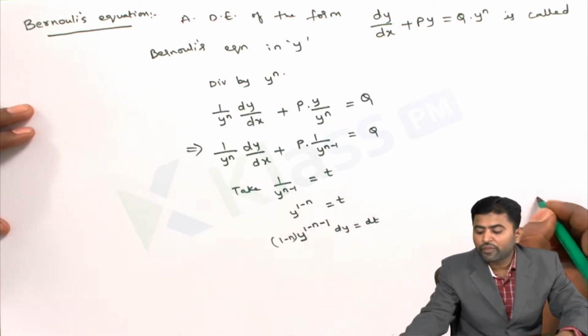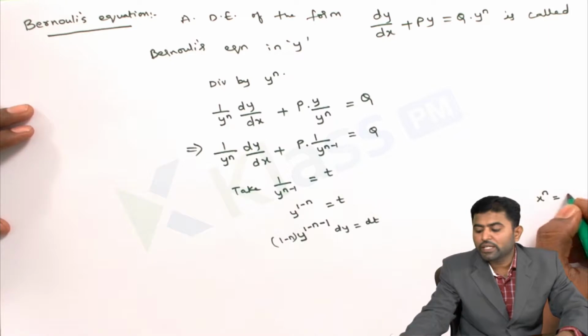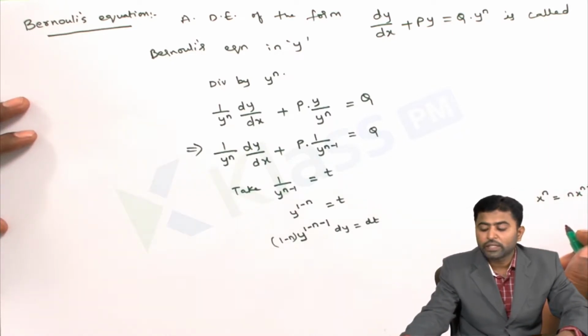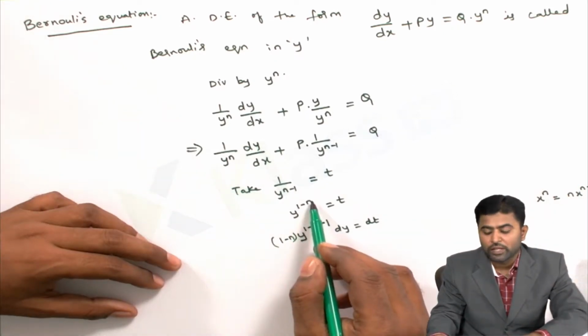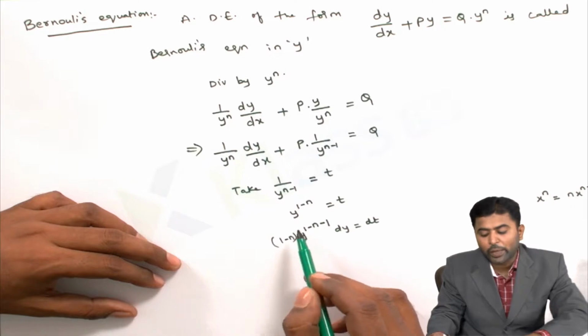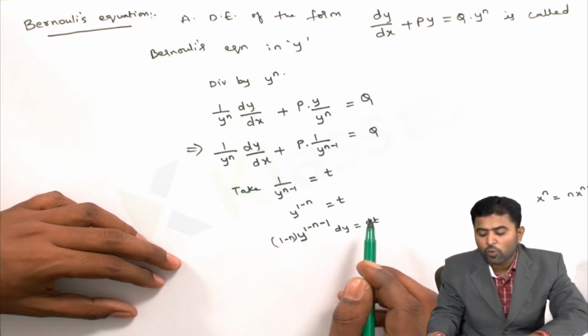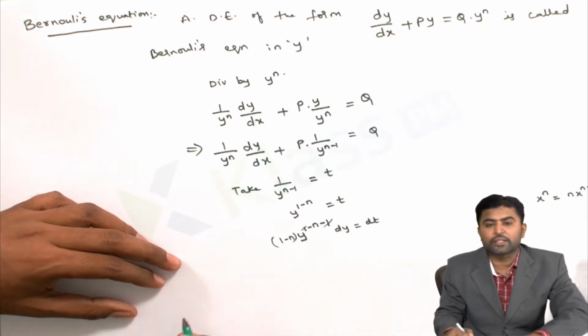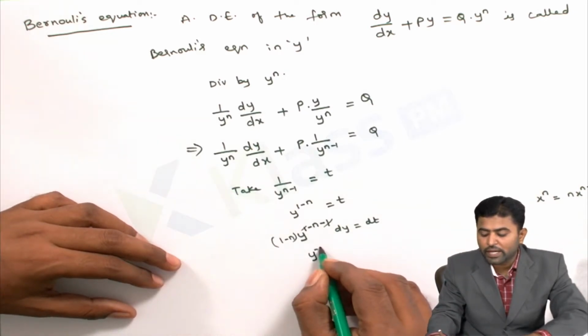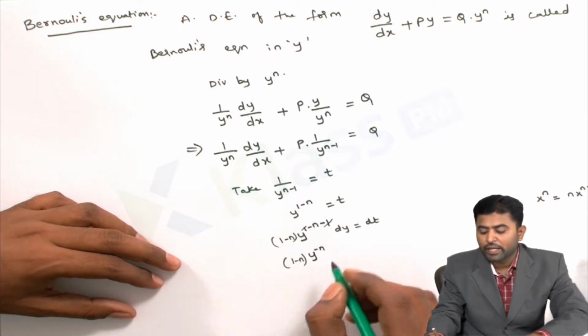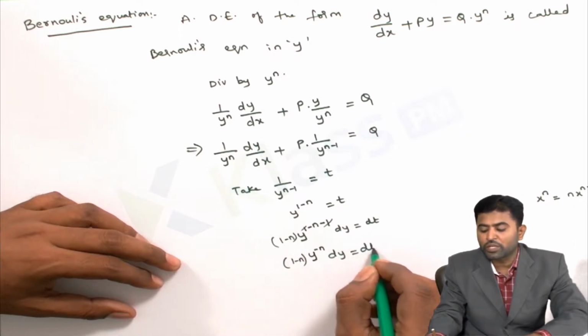We know that differentiation of x power n is n into x to the power of n minus 1. Right? So here we can write this as 1 minus n into y power 1 minus n minus 1. So this will get cancelled. So we get y power minus n, 1 minus n into dy is equal to dt.